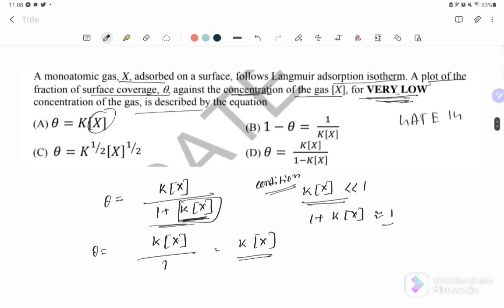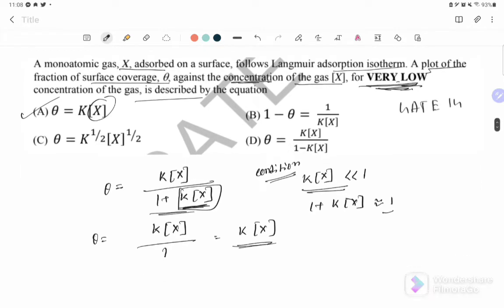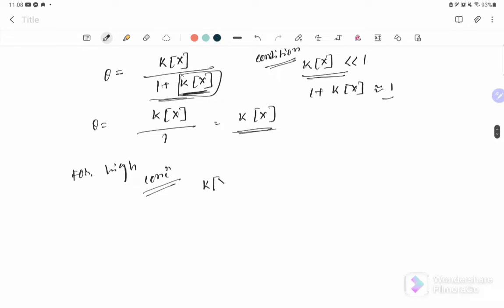So our equation will be theta is equal to KX, because it's asked for the very low concentration. If it is asked for very high concentration, then KX will be much greater than 1, so 1 plus KX will be KX.